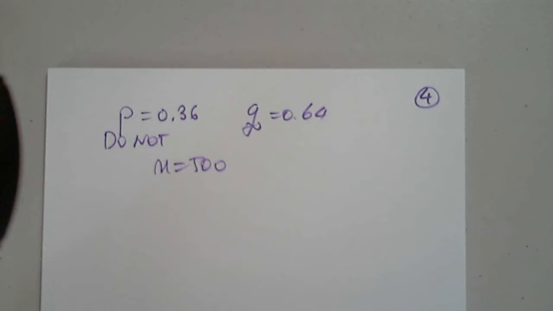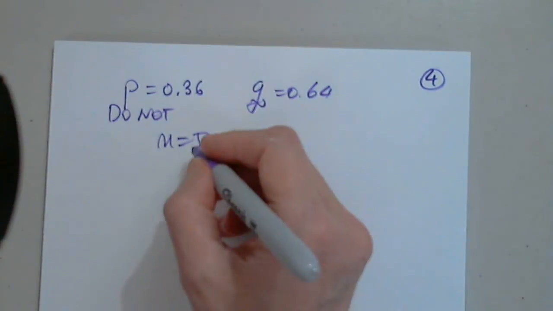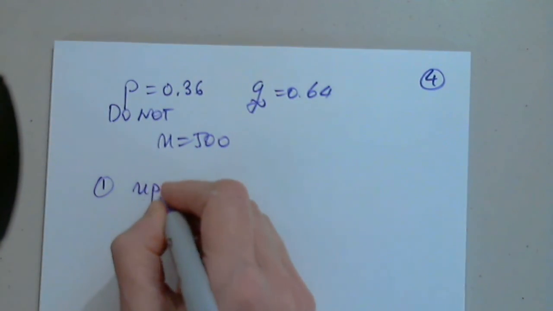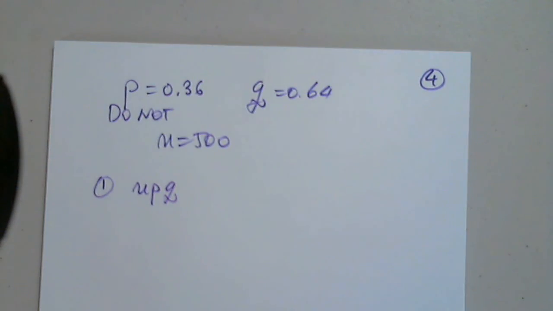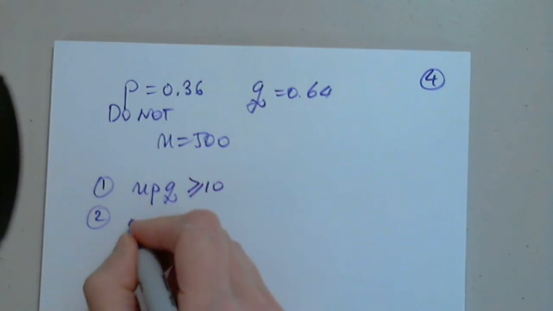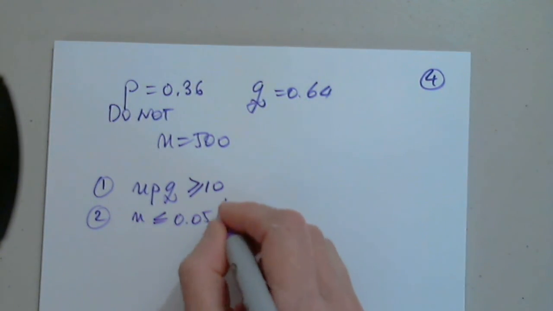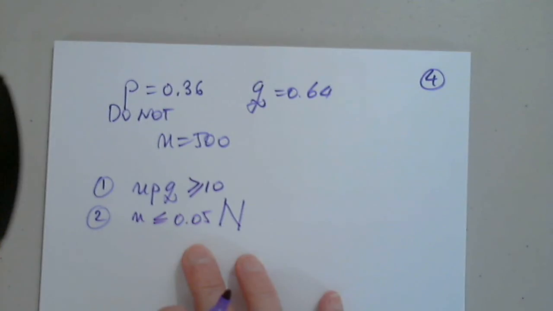Describe the sampling distribution of p hat, the sample proportion of adults who do not own a credit card. Choose the phrase that best describes the shape of the sampling distribution. We have to stop for a moment. Remember, there are two things here. Number one, npq has to be greater than or equal to 10. And number two, n has to be less than or equal to 5% of the entire population.